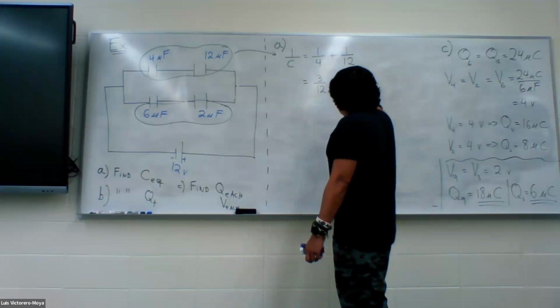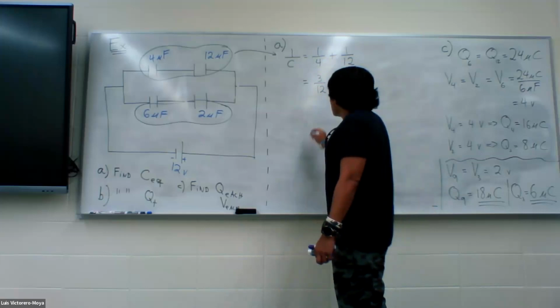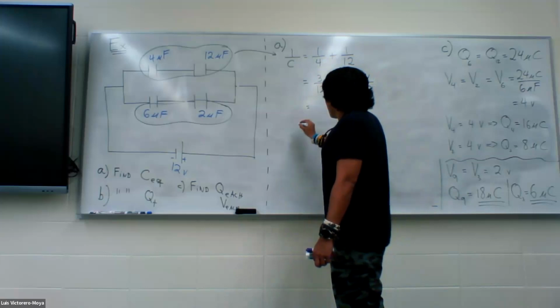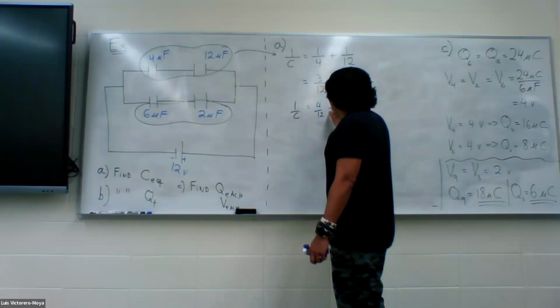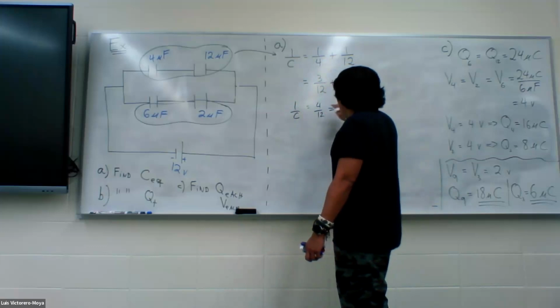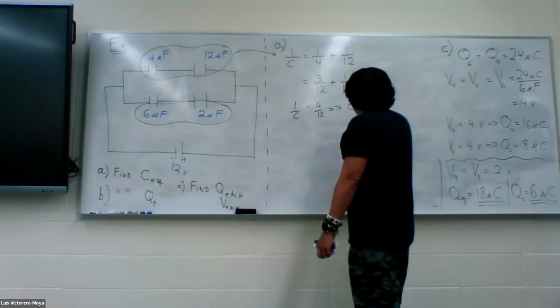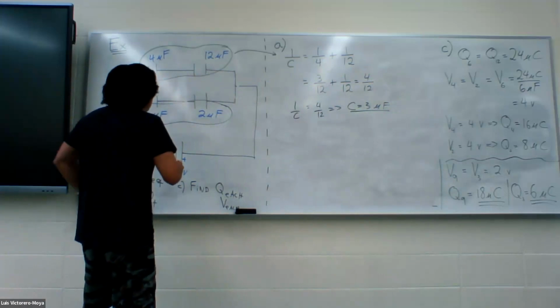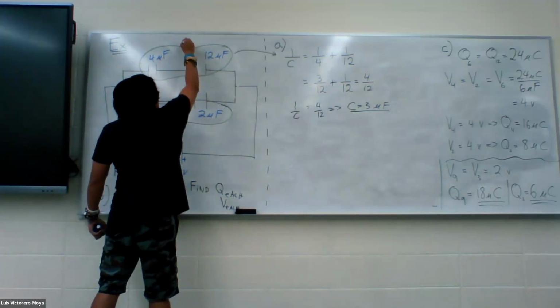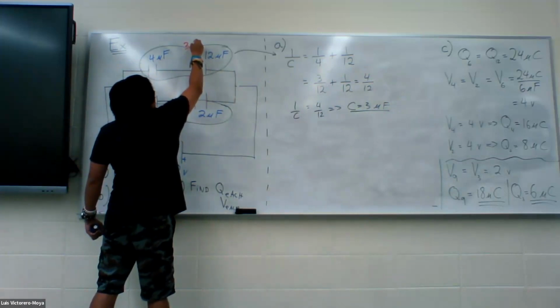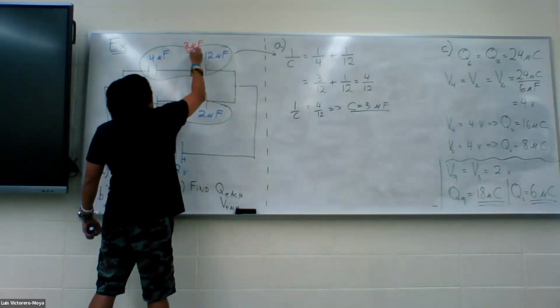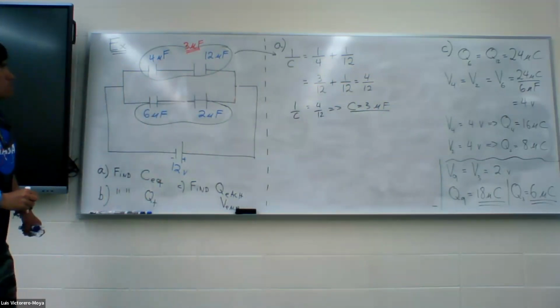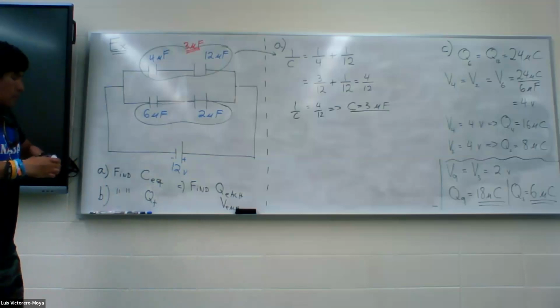That's 4 over 12. So 1 over C is 4 over 12. Therefore, C is equal to 3 microfarads. That's the combination of this.